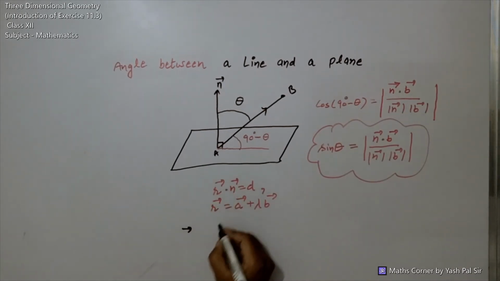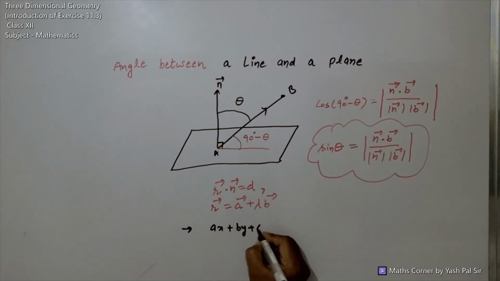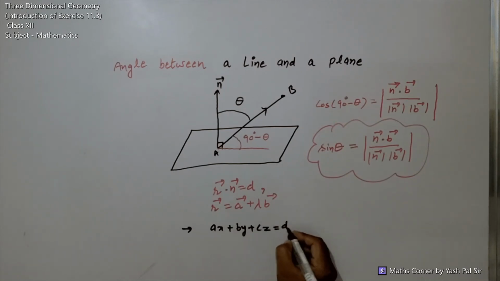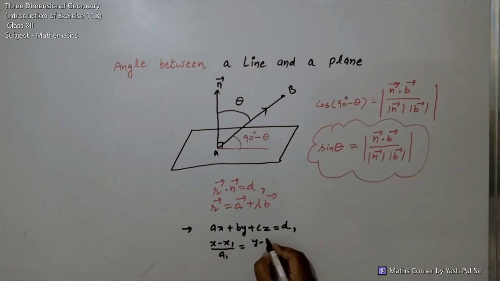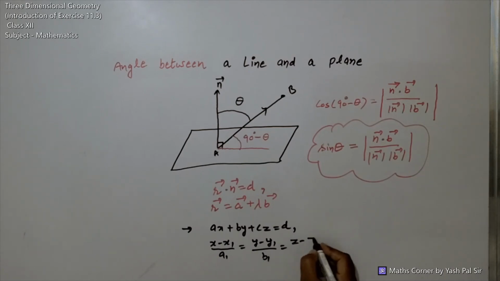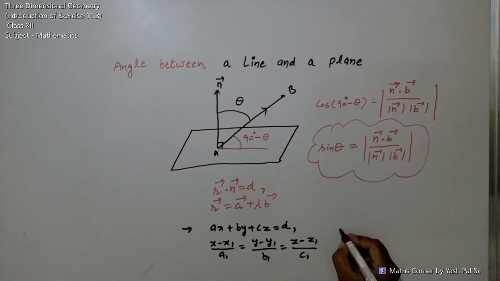In Cartesian form we can say the equation of the plane is ax plus by plus cz is equal to d, and that of the line is x minus x1 upon a1 equal to y minus y1 upon b1 is equal to z minus z1 upon c1, right?